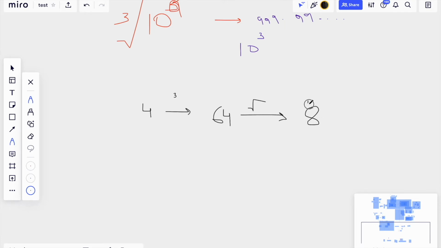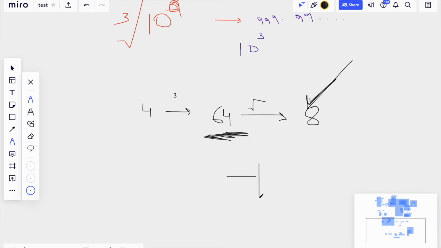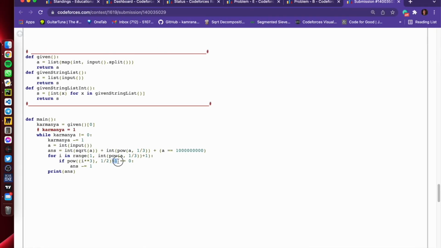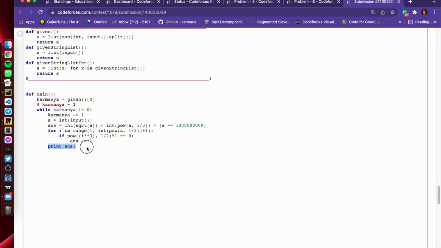If this is a perfect integer, then it won't be included twice, and 1 will be subtracted from the answer. Percent 1 equal to 0 checks for the integer, so I subtract 1 from the answer and print the answer.